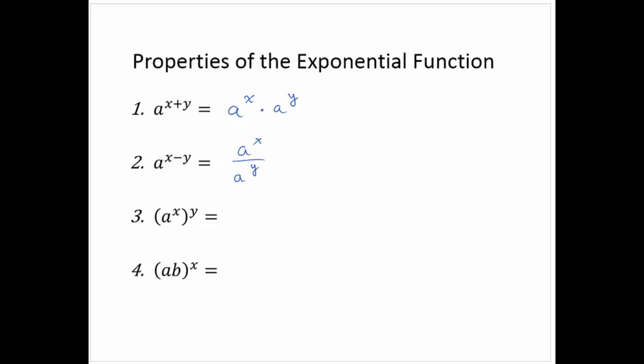A to the x to the y is a to the x times y. And the product ab raised to the x power is a to the x times b to the x. We might need to use one or two of those properties later on.